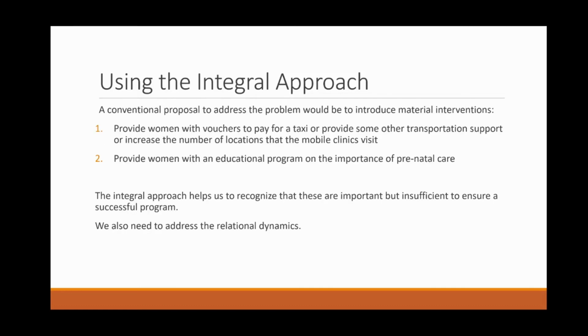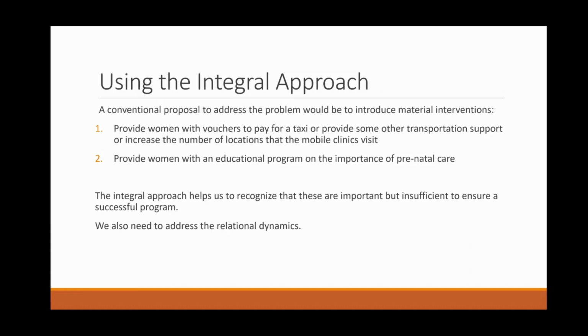Okay, so how does that influence the design of an intervention? Well, a conventional proposal to address the problems would be to introduce material interventions that relieve those material constraints. So let's say provide women with vouchers to pay for a taxi, or provide some other transportation support, or perhaps increase the number of locations that the mobile clinics visit.